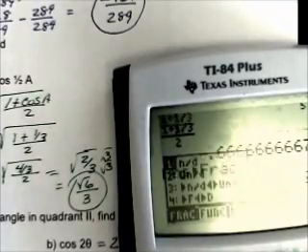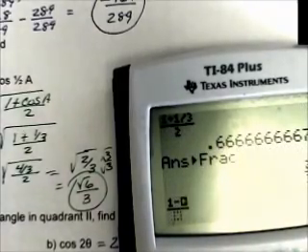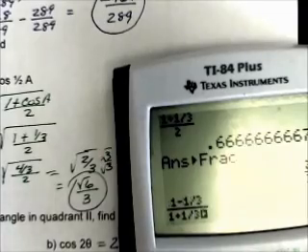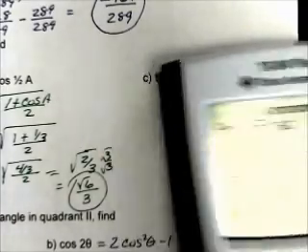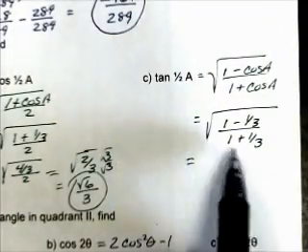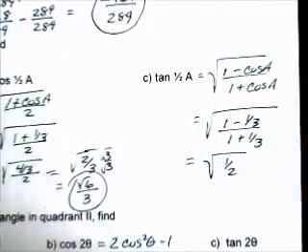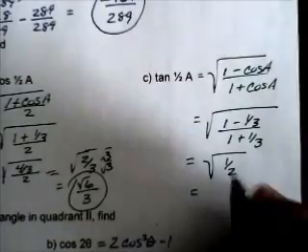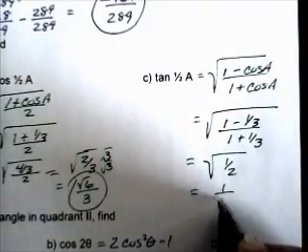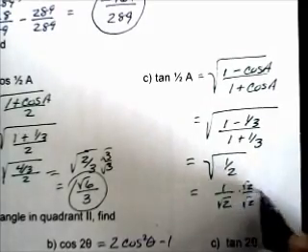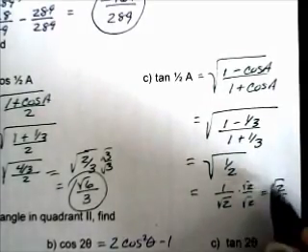That's 0.5, a half. Now remember, it's square root of 1/2. So the square root of 1 is 1, the square root of 2 is square root of 2, and rationalize the denominator. Square root of 2 over 2.